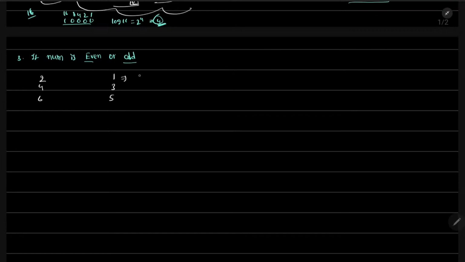So for 1, if I convert it into the binary system, 0, 0, 0, 1, and for 3 it is 0, 0, 1, 1, and for 5 it is 0, 1, 0, 1, right? For 2 it is 0, 0, 1, 0. For 4 it is 0, 1, 0, 0. For 6 it is 0, 1, 1, 0, right?